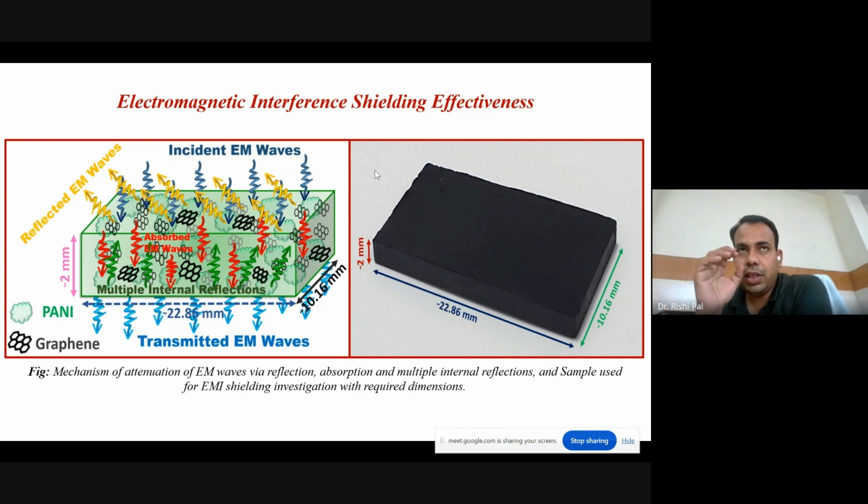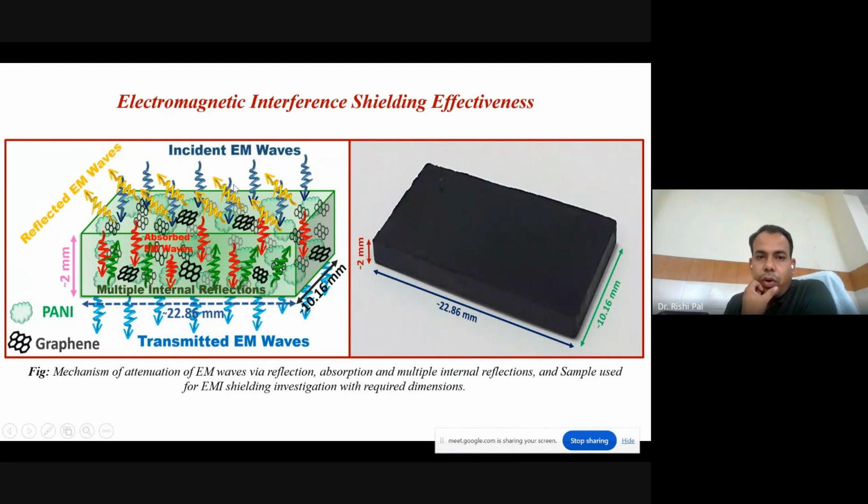In the case of a conducting material, the material exhibits electric loss. But if the material is magnetic, there will be magnetic loss. In the magnetic loss, there is the incident electromagnetic wave, as we can see here.